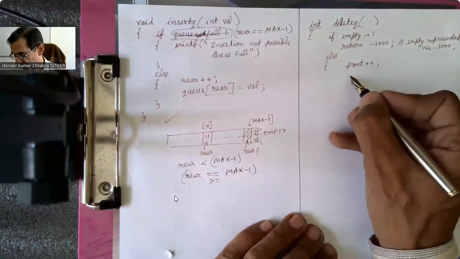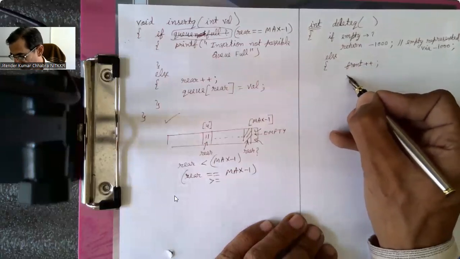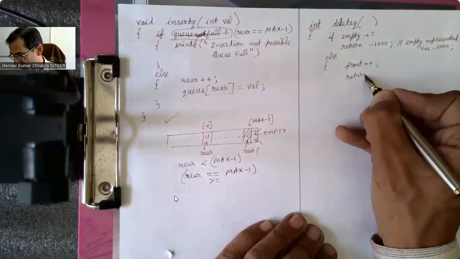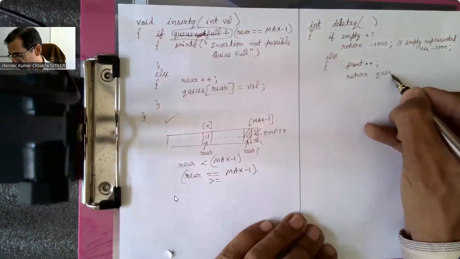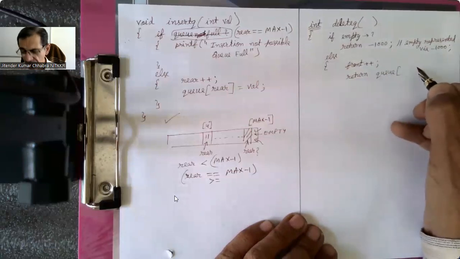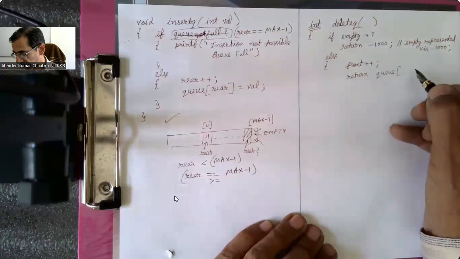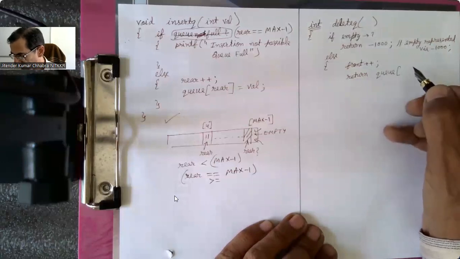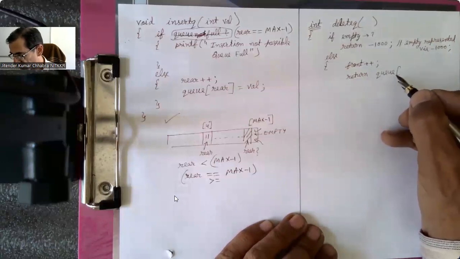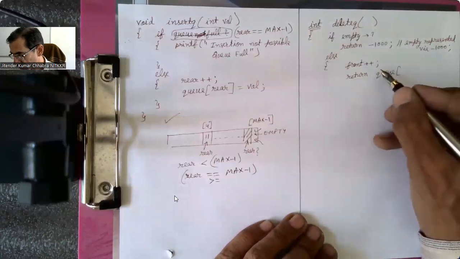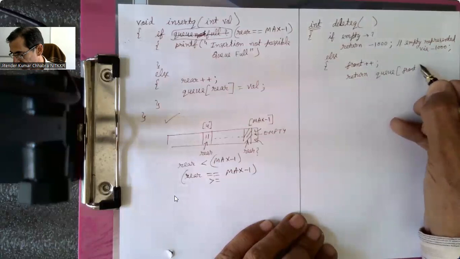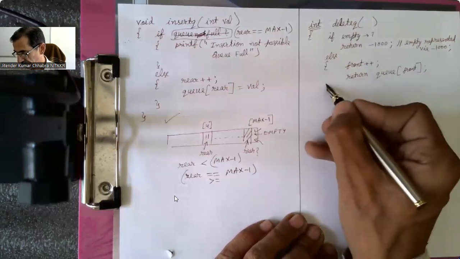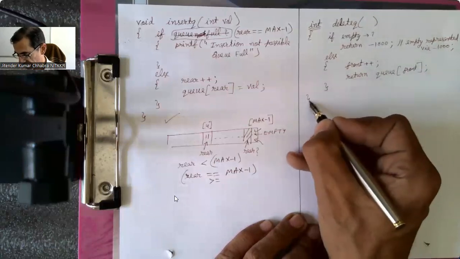So front plus plus, and then effectively the element is to be returned. So this becomes return equivalently for queue. It is equivalent to saying that it is deleted, but of course it will be overwritten and then only the previous value will vanish. But for our purposes, it will never be reused because front will always point to the next position in the next deletion. So this way I am able to delete without difficulty.